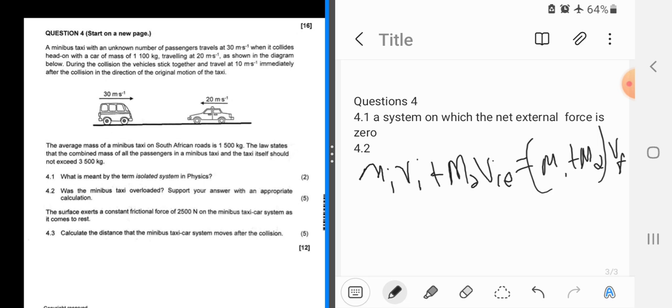A minibus taxi with an unknown number of passengers travels at 30 meters per second when it collides head on with a car of mass 1,100 kg.